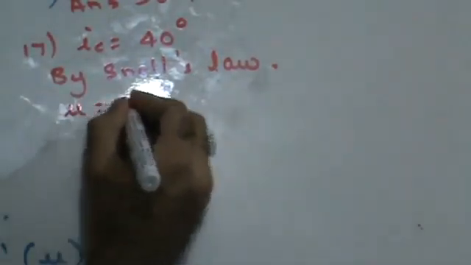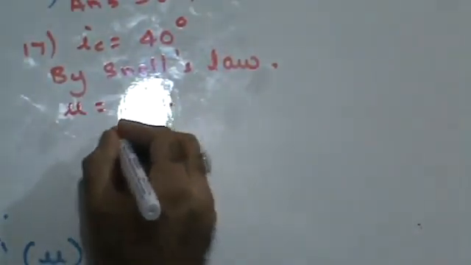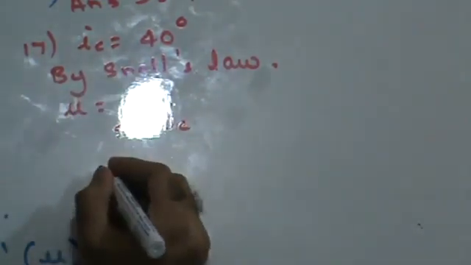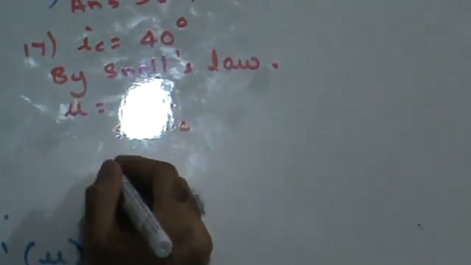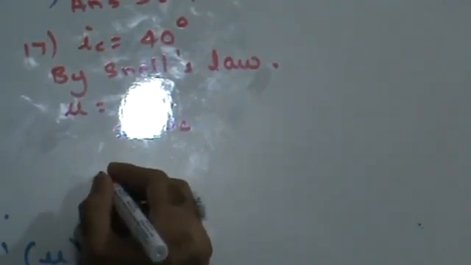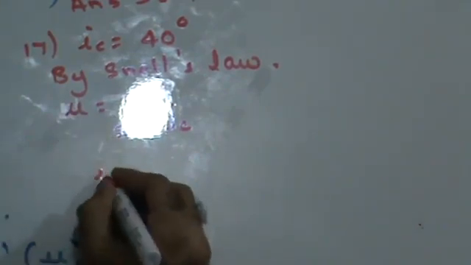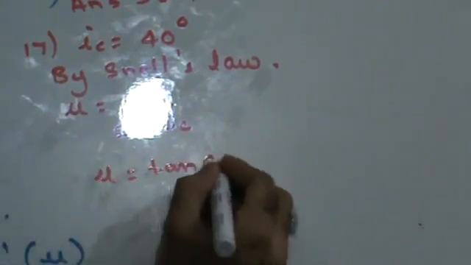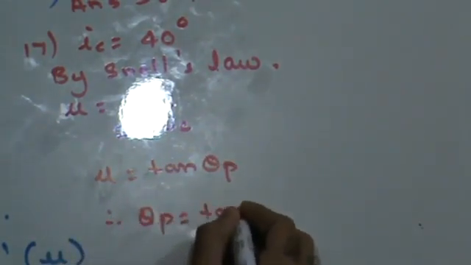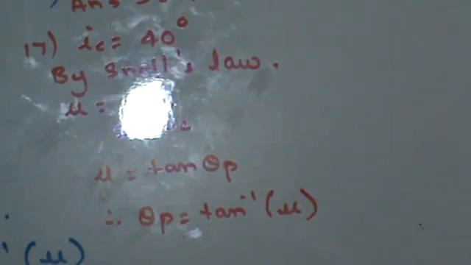Guys, if I apply Snell's law, I can say refractive index is nothing but 1 upon sine of critical angle. So I know the critical angle, I'll come to know refractive index. Once I know refractive index, I can say that refractive index is also equal to tan of polarizing angle. Therefore, polarizing angle is tan inverse of refractive index.